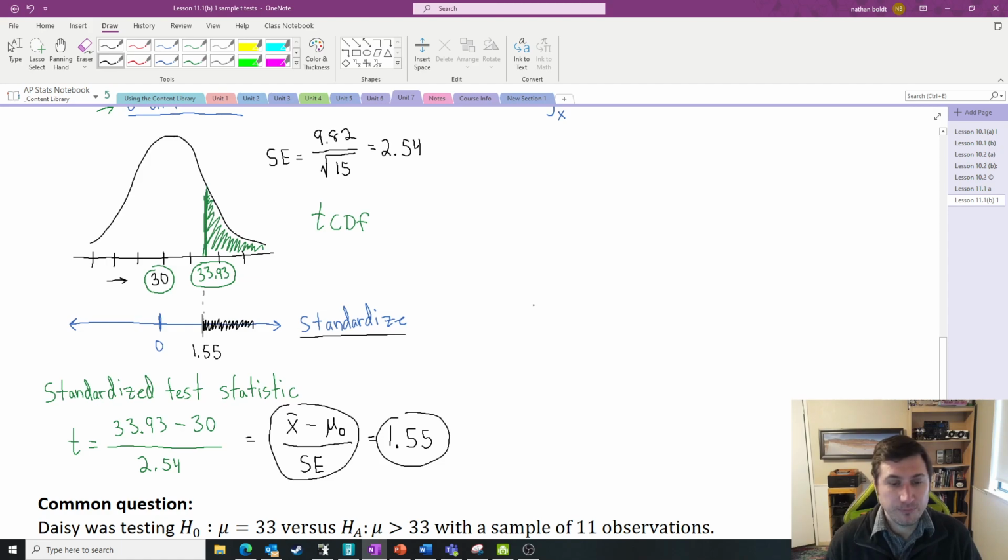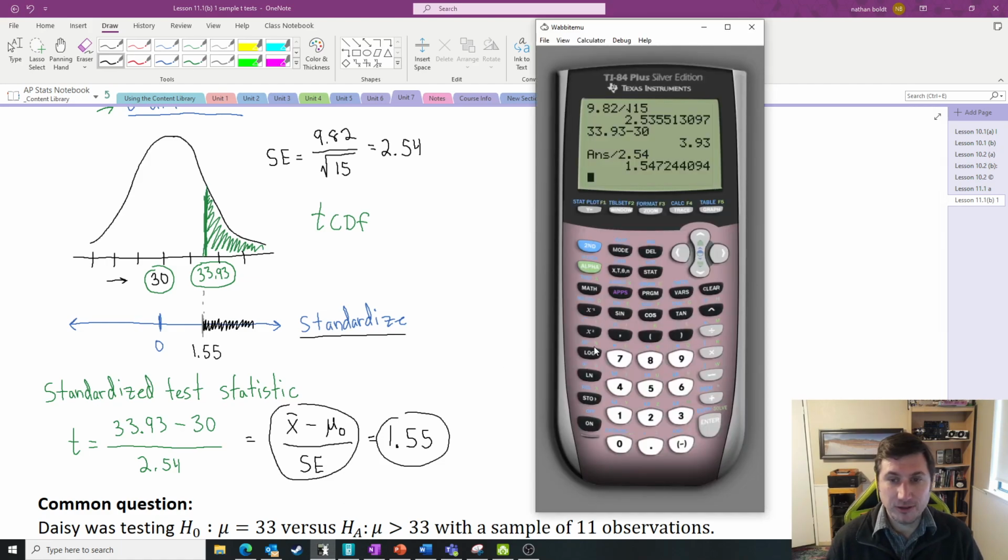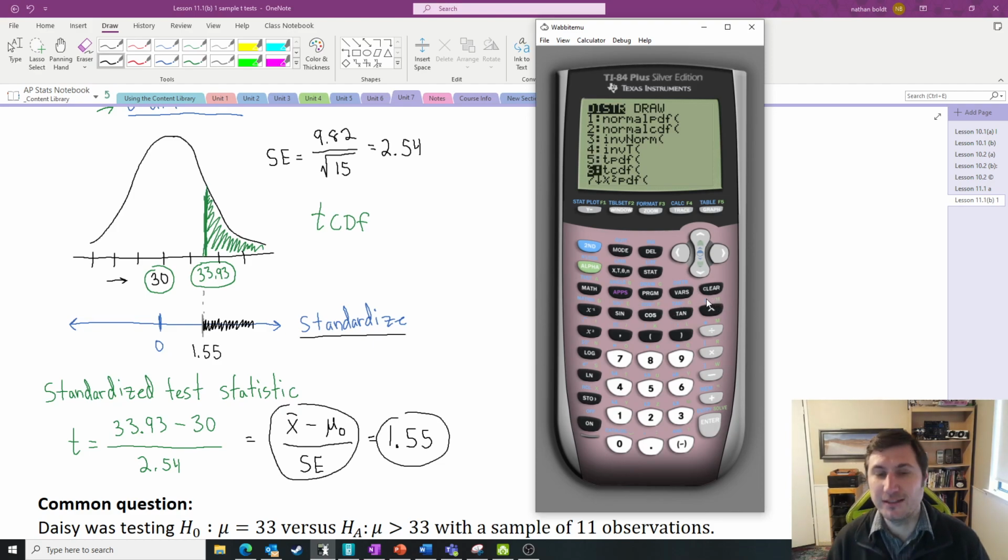1.55. So when I go to my calculator here, I go second distribution. There we've got the normal CDF that we know and love, the inverse norm, the inverse T, and then down to number 6, the TCDF. It's the cumulative density function for a T distribution.